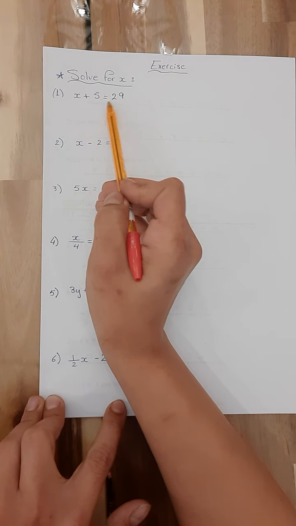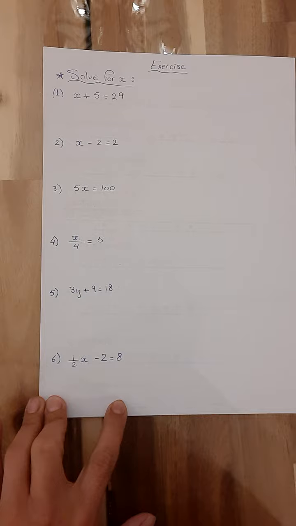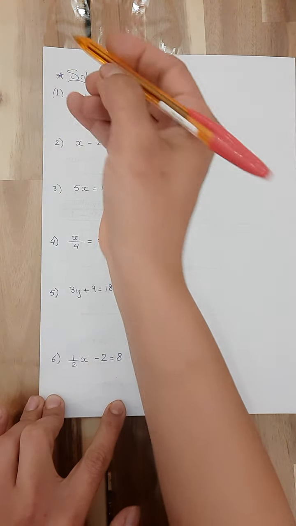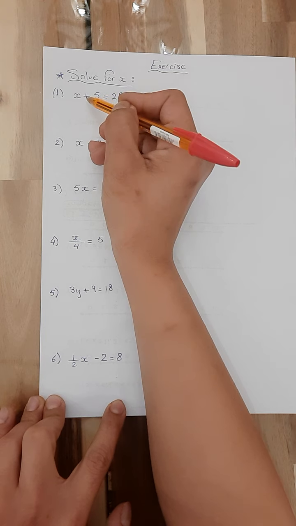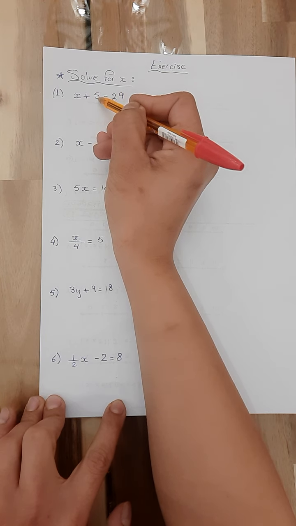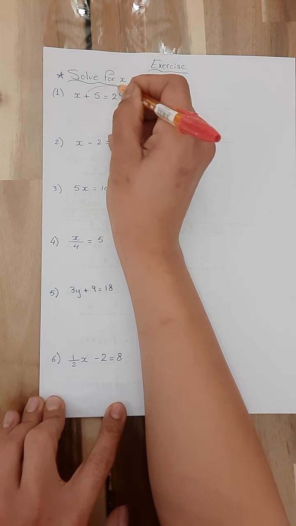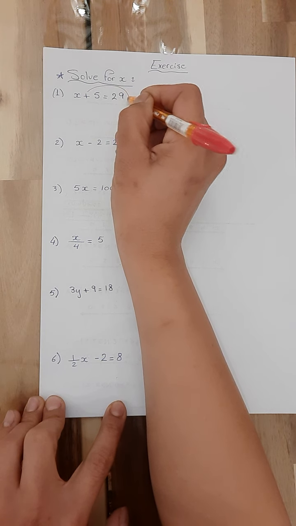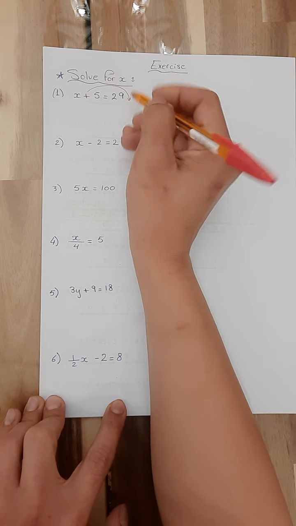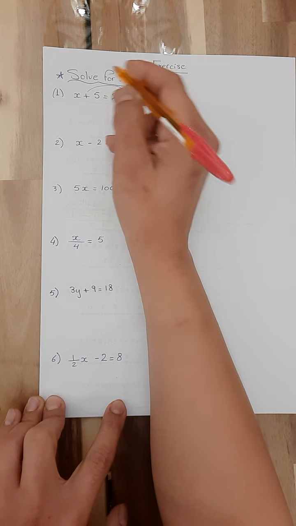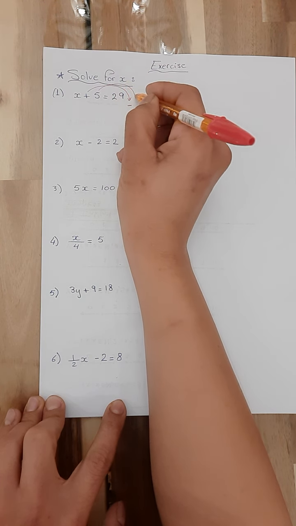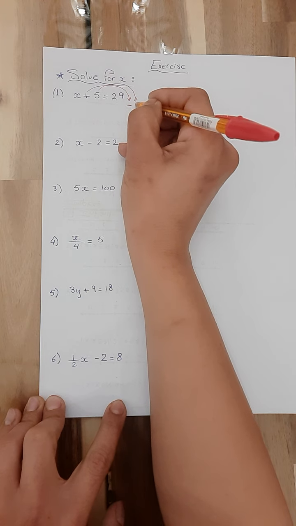x plus 5 equal 29. First, as we said, we want x, right? So beside x we have plus 5. We are going to take this plus and use the inverse sign, and change it to its opposite sign, which is minus, after the equal sign. And then we are going to take the number beside it, after it.